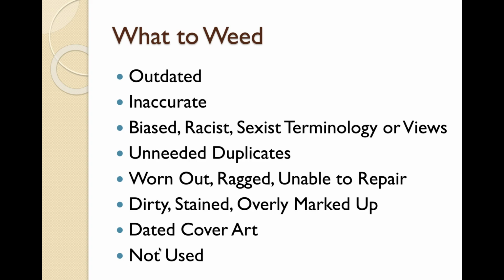There are charts, I believe, in the CREW manual for suggested reference lifespans. World War II is probably not going to go outdated as quickly as information on scientific breakthroughs. So it's important to get rid of outdated, inaccurate books.